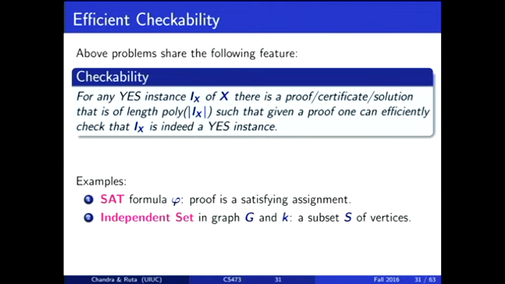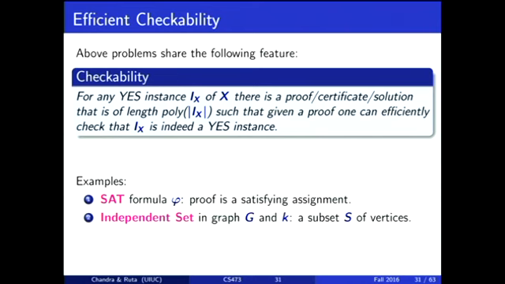If I want to convince you that a given graph has an independent set of size at least 2000, I can give you the independent set. Look, this vertex, this vertex, this vertex is the independent set. And you can say, yes, of course that's an independent set, it has size at least 2000.